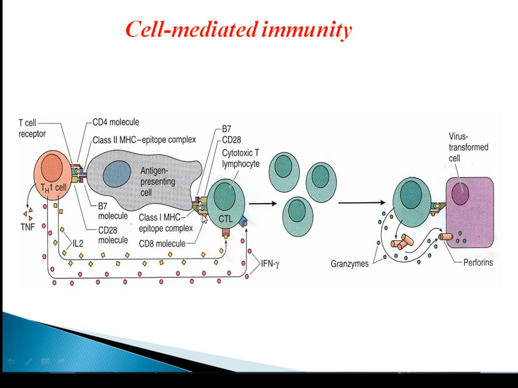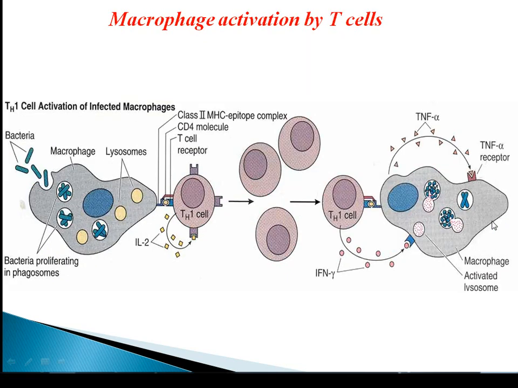So it means the activation of the cytotoxic T lymphocyte takes information from the APC and also from the T helper 1 cell. Only after this cell is activated does it form T killer effector cells that produce granzymes and perforins to kill virally infected cells.